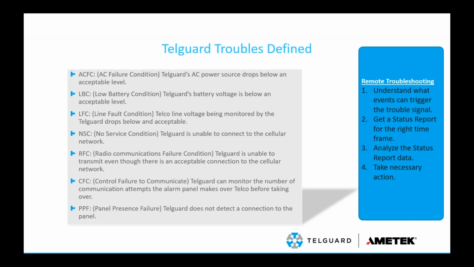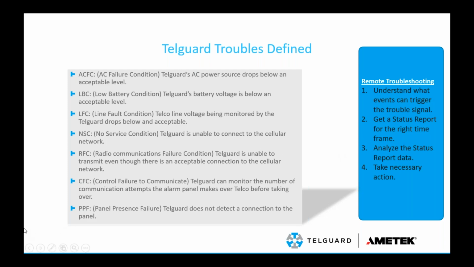This is where the AC power source drops below an acceptable level. If you're using our 12 volt 0.8 amp hour transformer, you should never have AC power issues unless that transformer gets blown or the outlet is no longer producing the 120 volts it normally does.